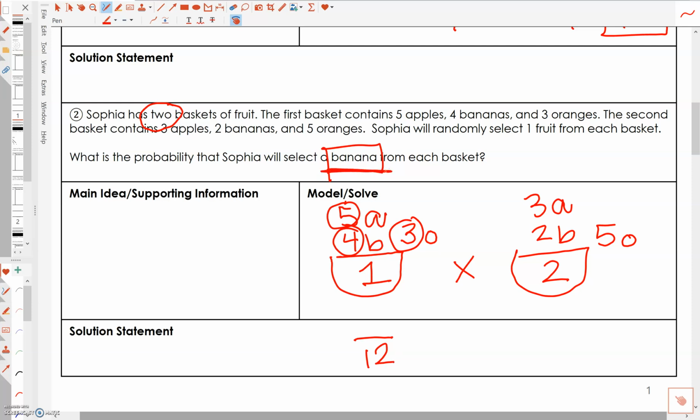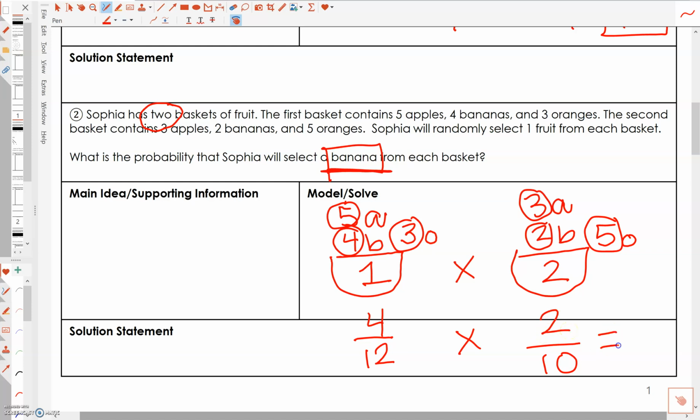So on the first one, we know that there are 4 bananas. On the second one, let's figure out the total. 5, 6, 7, 8, 9, 10. So again, 3 plus 2, and then plus another 5. That is 10 in total. And again, it's asking for bananas. So there are only 2 bananas in this basket.